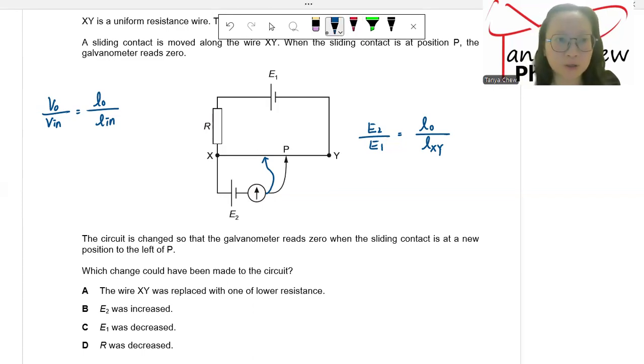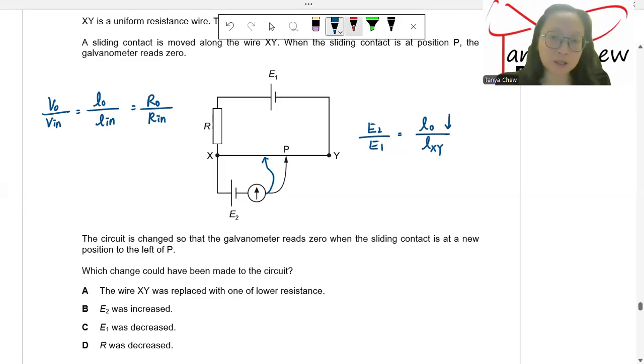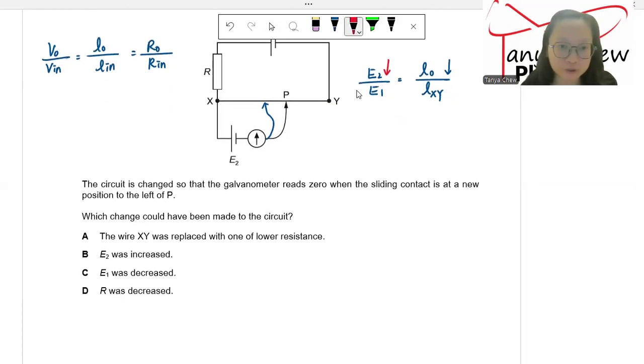So I have to look at R output over R input. Right, to the left of P, the length of the wire here is actually decreasing. The length output is decreasing. So that also means that my E2 reading would have to decrease.